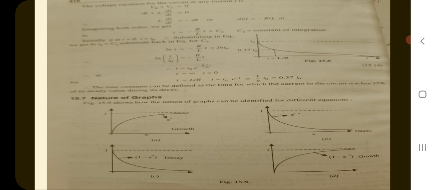Initially at t equal to 0, I is equal to I0, and substituting this value, we get C2 is equal to log of I0.